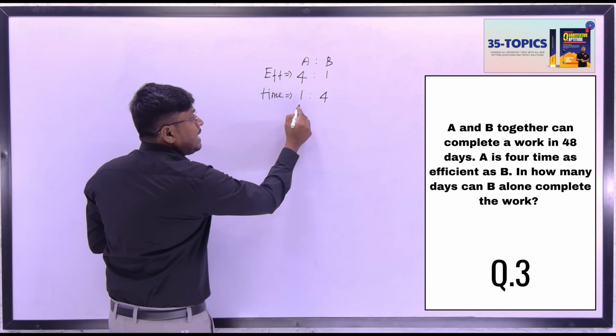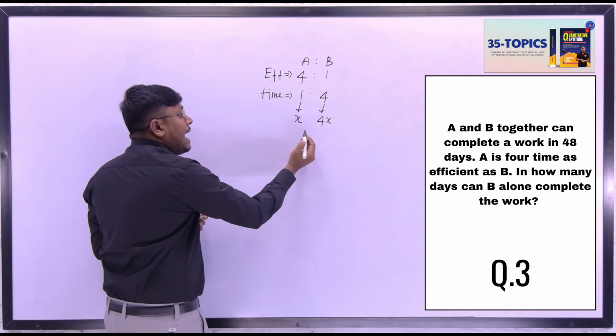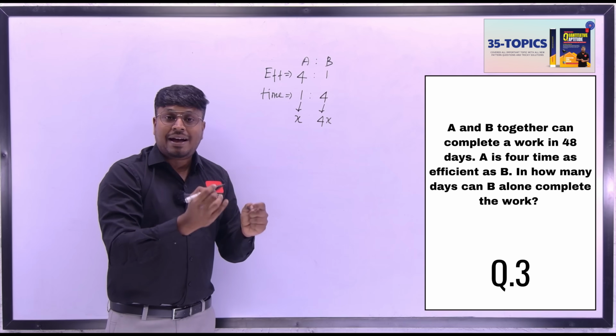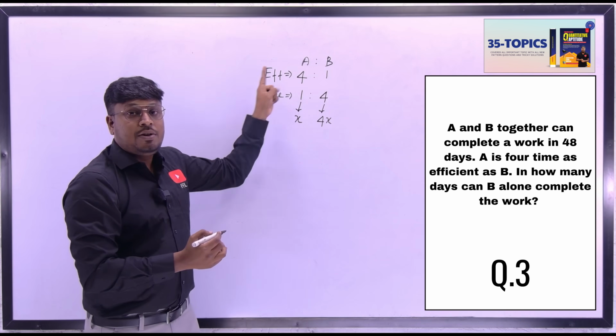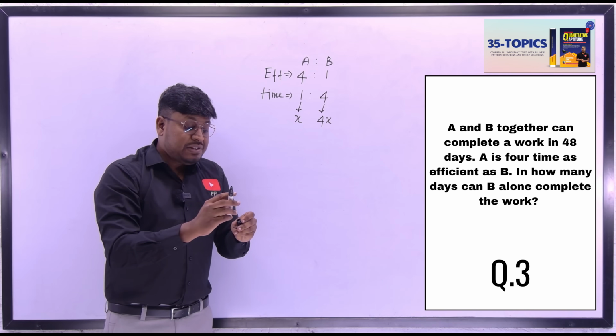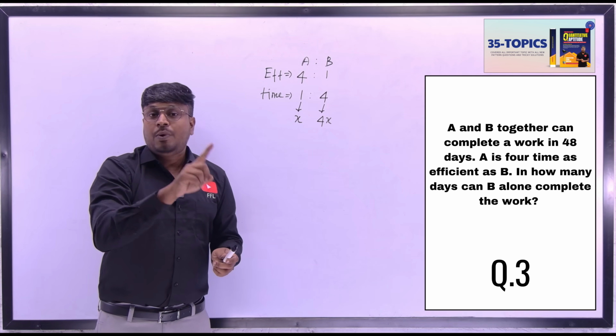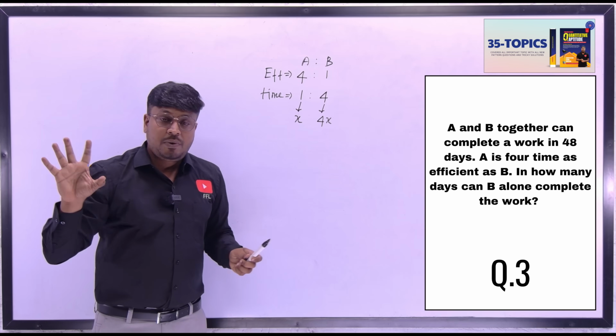So now this can be written as x and this will be 4x. Always while adding the values, you should write the value only in terms of time ratio, not in terms of efficiency ratio. In 99% of questions, the efficiency value should be converted into time, and then only you have to find how many days they take to complete a work.